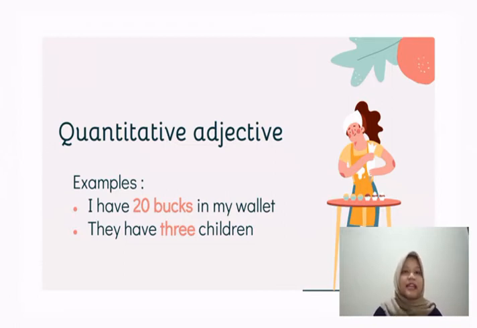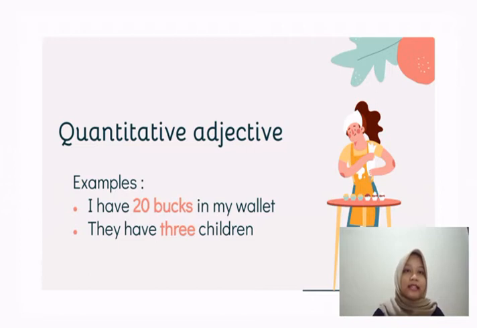And here we have two examples of this adjective. The first is, I have 20 bucks in my wallet. And the word 20 refers to a quantitative adjective because it is a number.